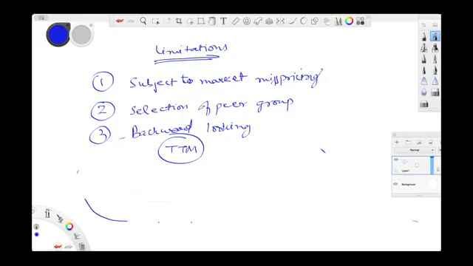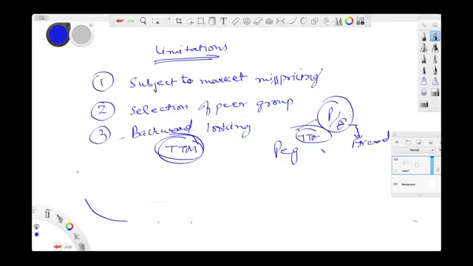There are a few ratios which are forward looking, for example the PEG ratio, because we incorporate the growth aspect of the earnings as well. But most of the ratios are backward looking. The P by E could be TTM as well as forward looking, both are possible, but most of the multiples that we use are trailing.